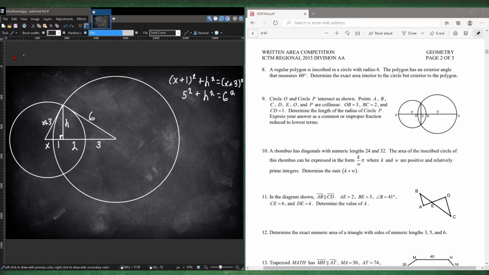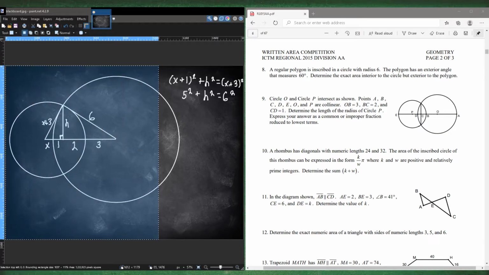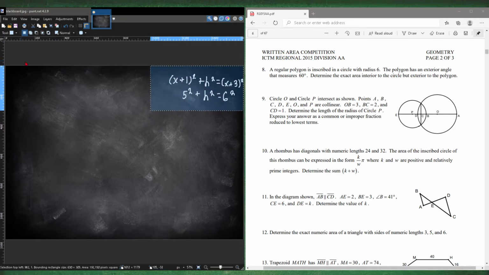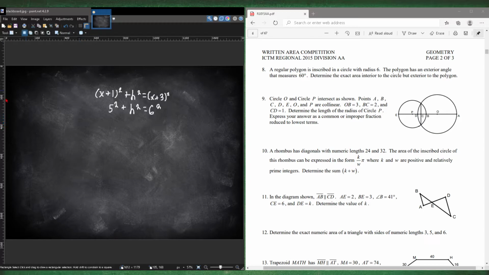So you probably see what we're going to do now. We're going to substitute our h squared. We don't need this anymore, and we just need to focus on these equations. 6 squared is 36, and 5 squared is 25, so 36 minus 25 is 11. So h squared is 11, and we can substitute that in.